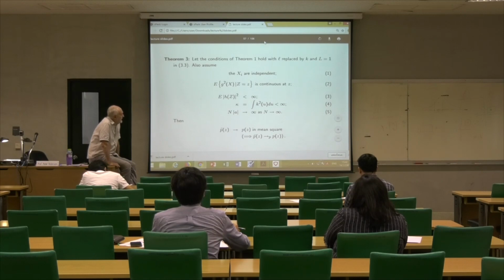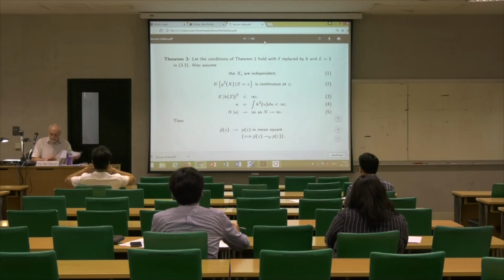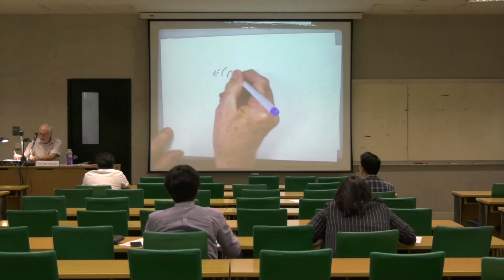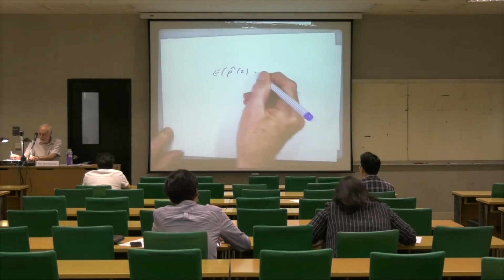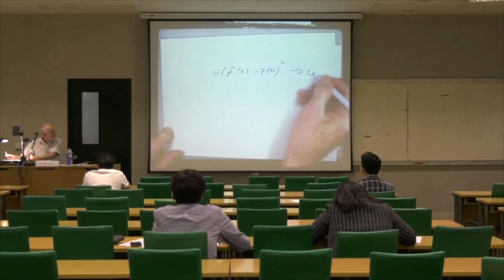We're ending up with this convergence in mean square, which is the one I mentioned. Perhaps I should stress this again on a piece of paper, what this property means is that the expectation tends to naught.